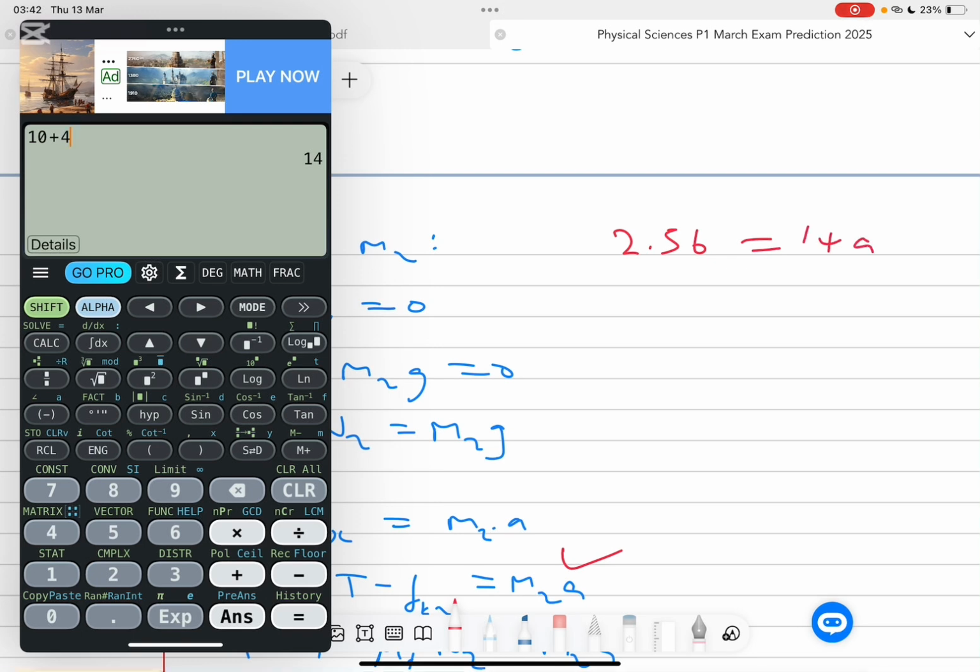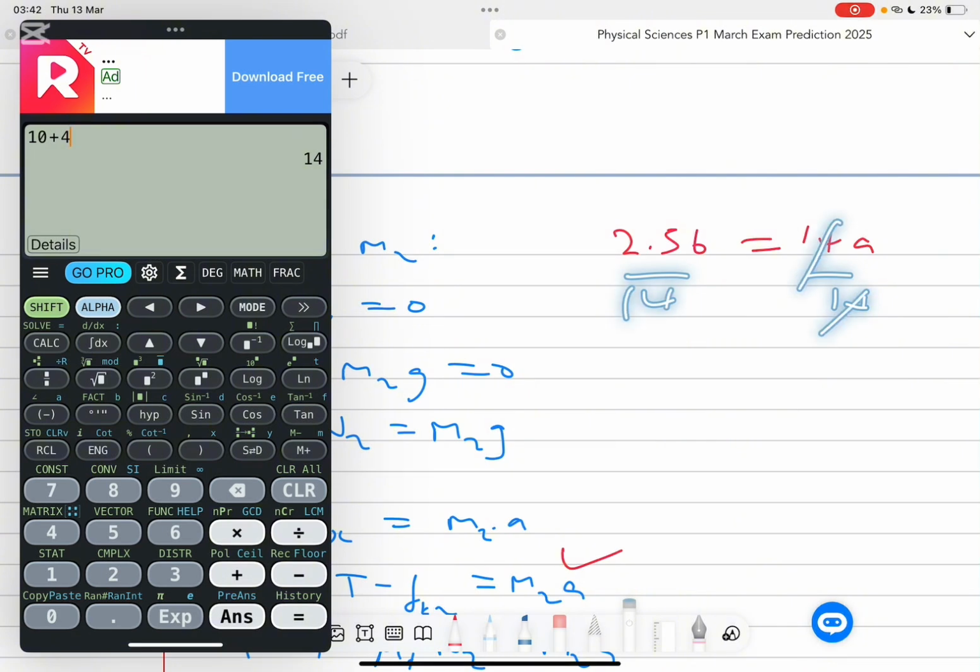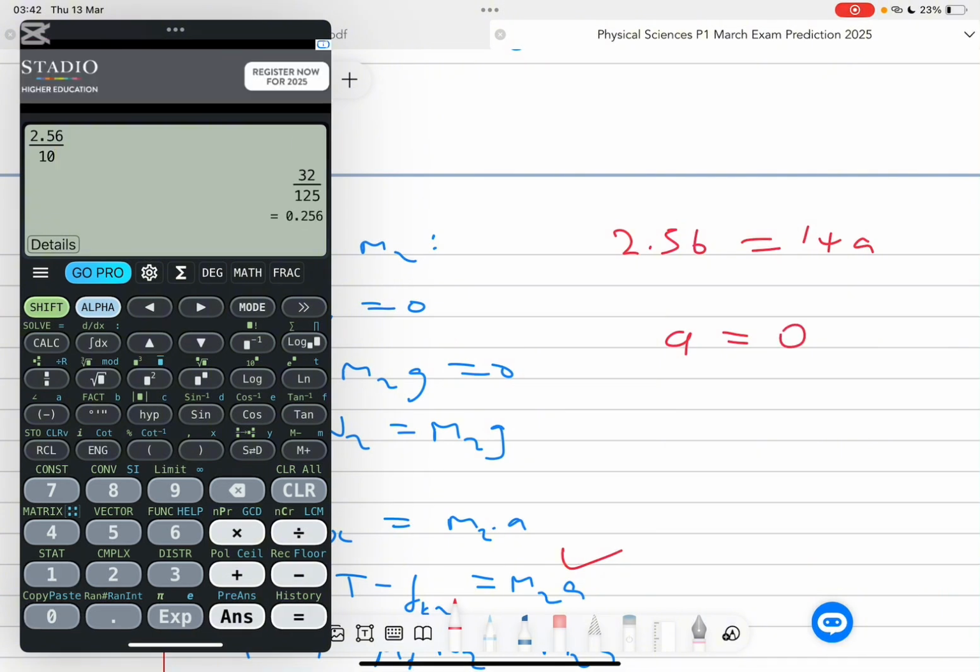Now when we divide both sides by the 14, this side cancels. Now I have the new acceleration, which will be 2.56 divided by the 14. And look at that, our acceleration is now 0.26 meters per second squared.